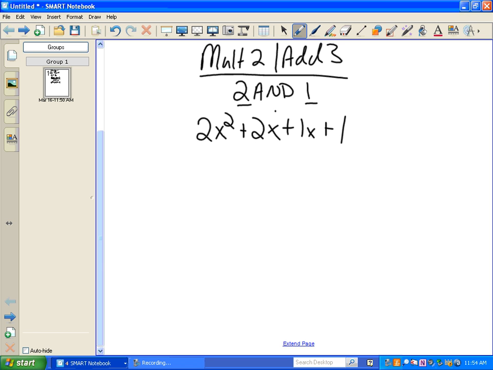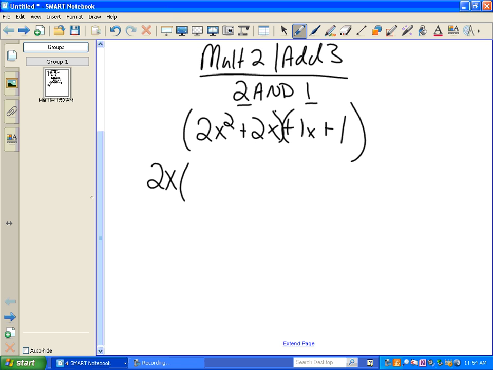From here, what do we do next? Finn? Group the first 2, group the last 2. Now, we look at these first 2 terms, 2x squared plus 2x. What can we factor out of there? Garrett? 2x, good.